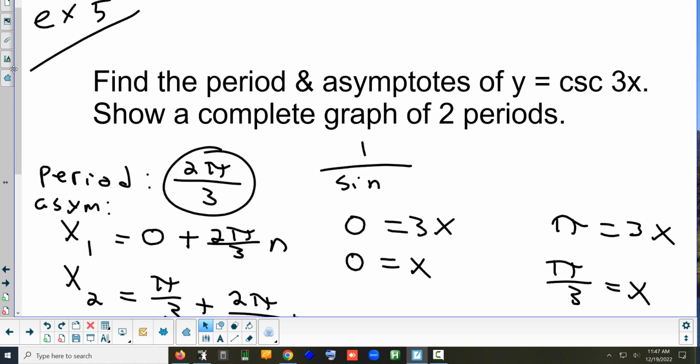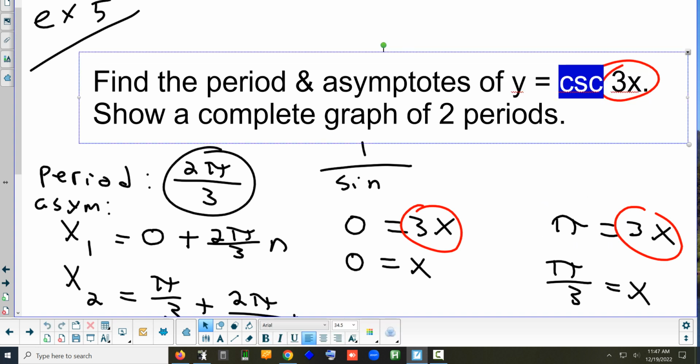Okay. Questions on? How did you get the pi equals 3x and the pi over 3 equals x? What was that and how did you get it? So this and this are the argument. So we set the argument on one side, and then on the other side is the original asymptotes. These are the 2 original asymptotes. If you go back to the table with cosecant in it, 0 and pi are the first 2.